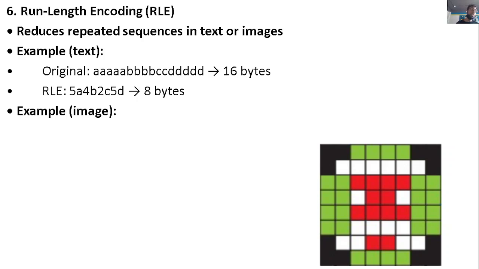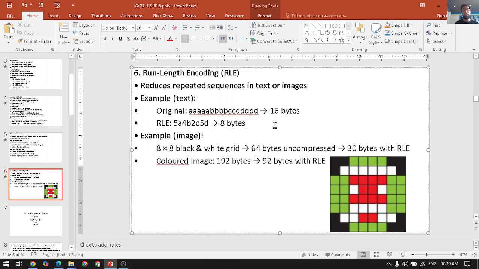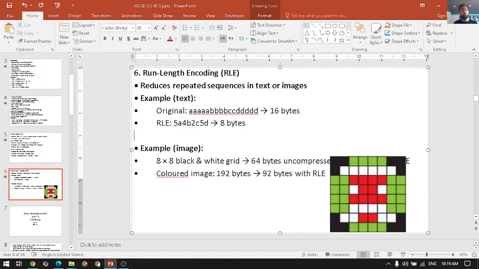But in some scenarios, the data after compression may get larger. Let me tell you that scenario. For example, if we have elements that are not being repeated, like this. Let me do example 2 of this.